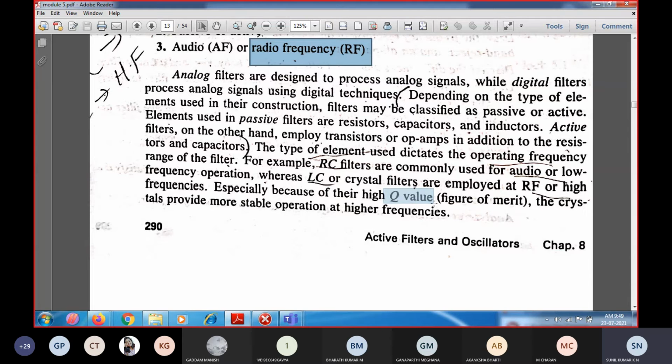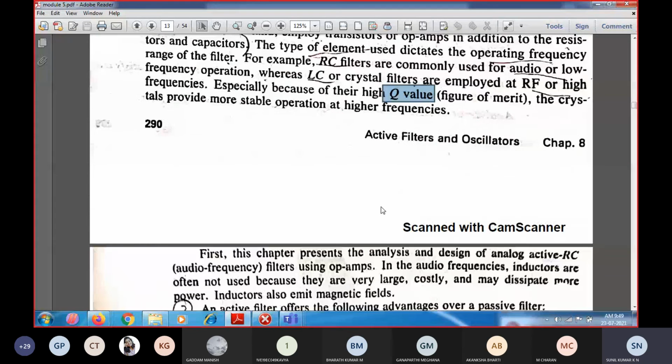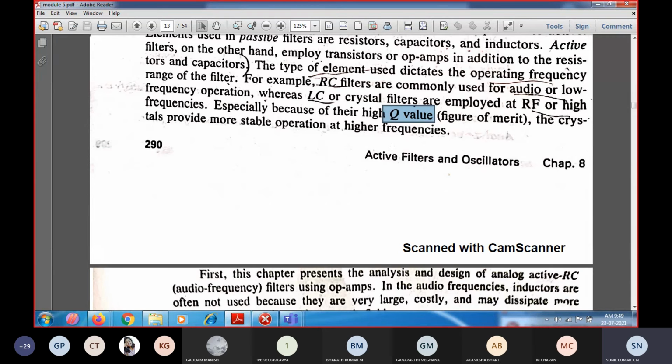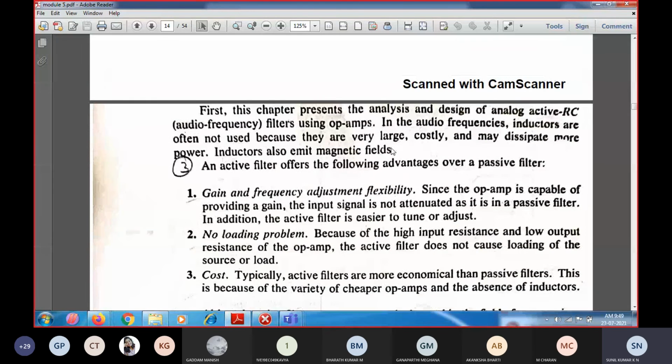We have already seen in the oscillator that when I use a crystal oscillator, we get a high Q factor and stable operation, unaffected by the environment or component values. So crystals are used for stable operation at higher frequencies, and hence filters in the high frequency range are called radio frequency filters.